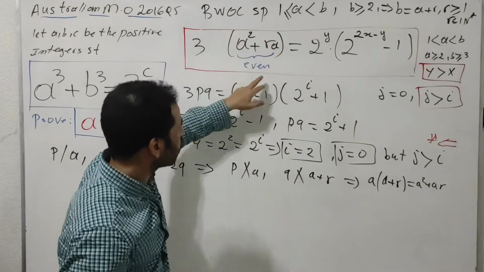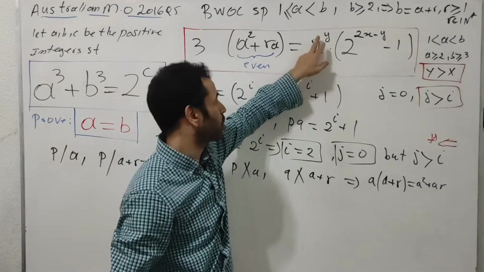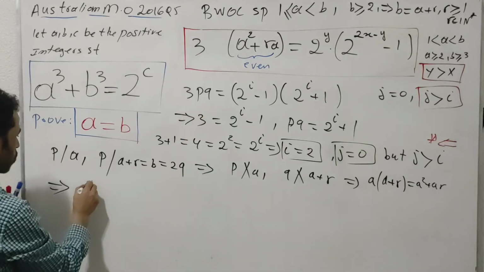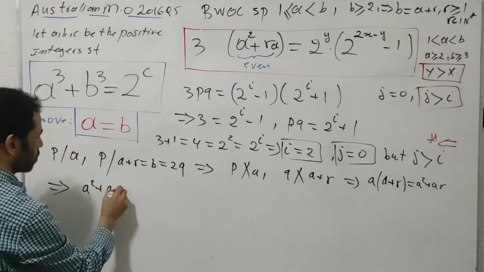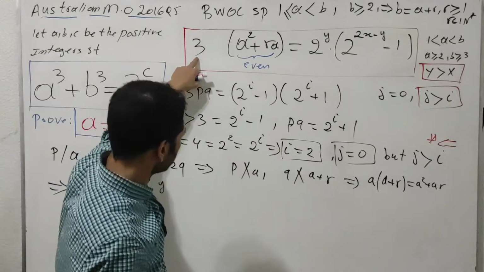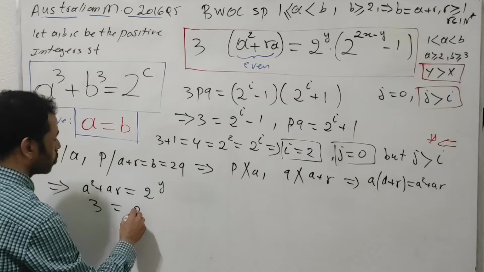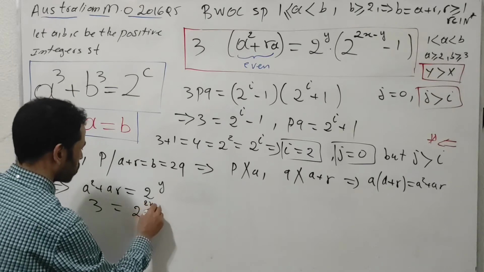It means the whole number is an even number taking 2 as a power. A squared plus er is taking 2 to the y. The 3 is arithmetically going to take this one. Also 3 equals 2 to the 2x minus y minus 1.